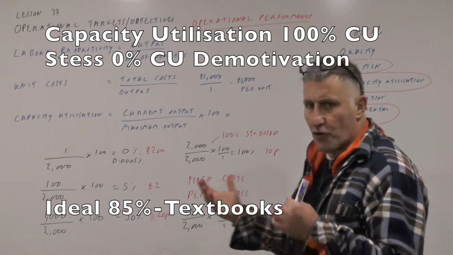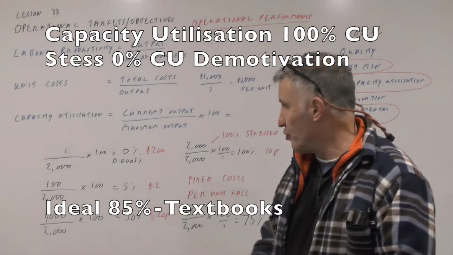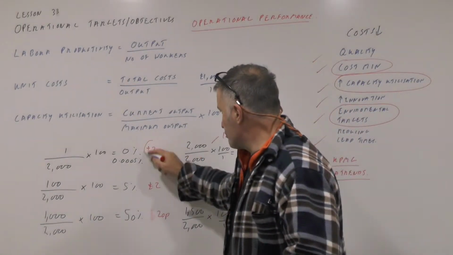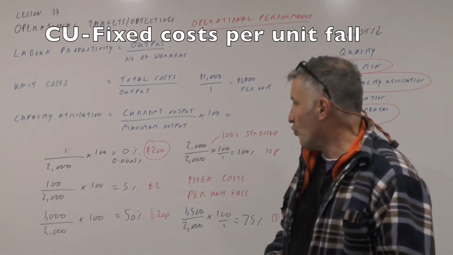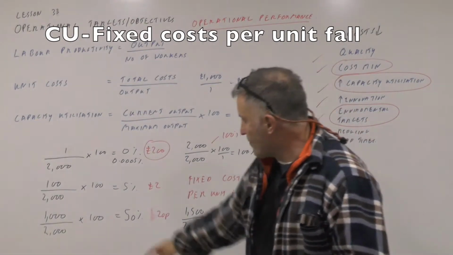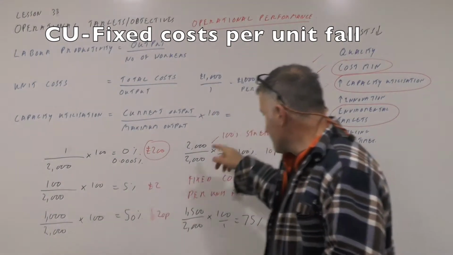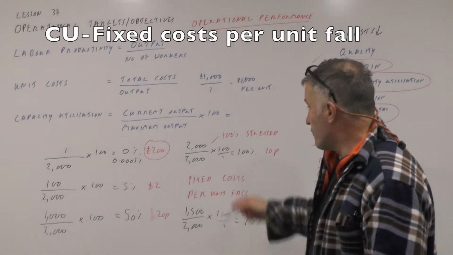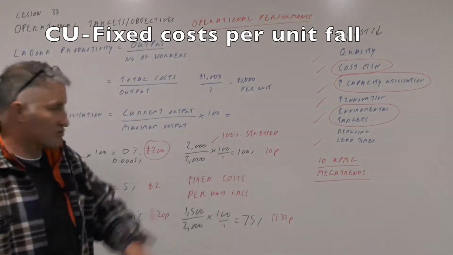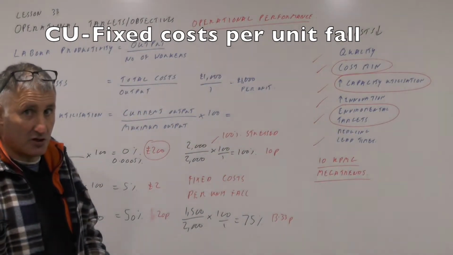I've gone back to the idea of the hot dog stand, which you would have done much earlier in the course. Each hot dog stand is going to cost us £200 for the day. We can make a maximum of 2,000 burgers in a day. If we make 2,000 burgers, then 2,000 divided by 2,000 times 100 over 1, we're at 100% capacity utilisation.